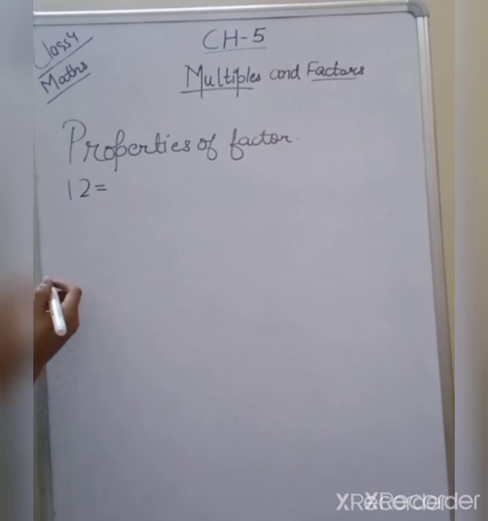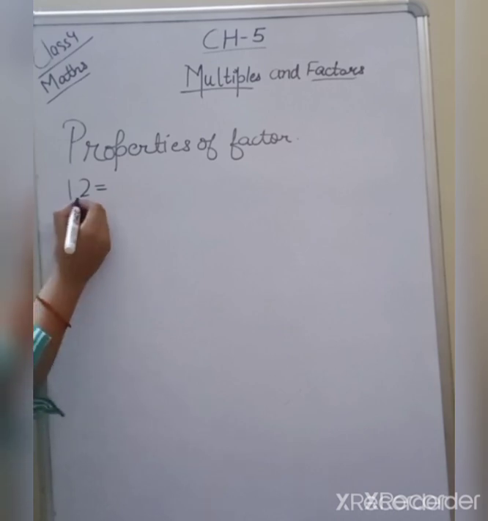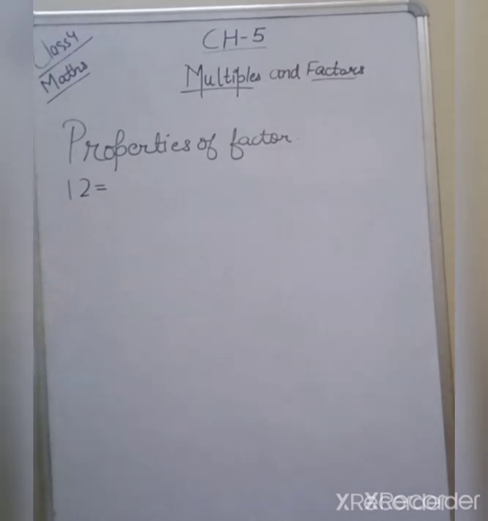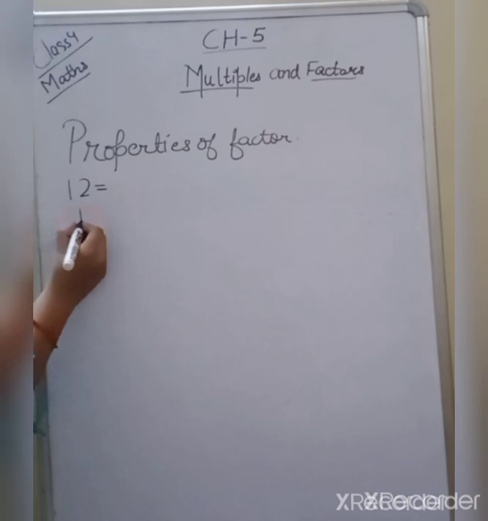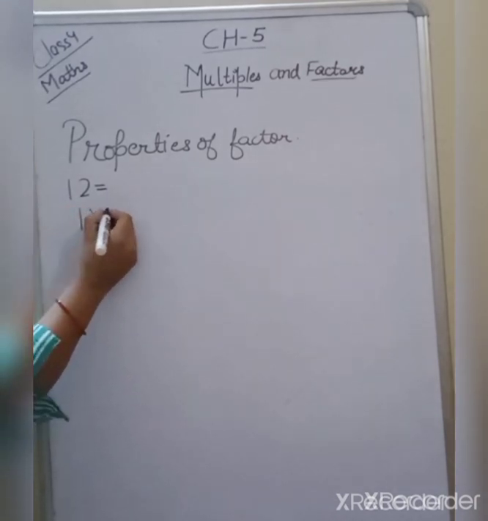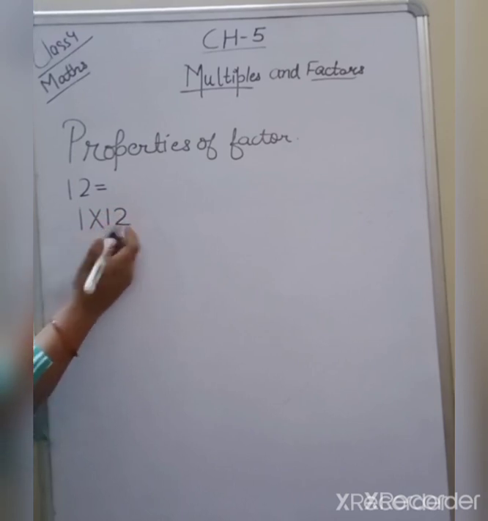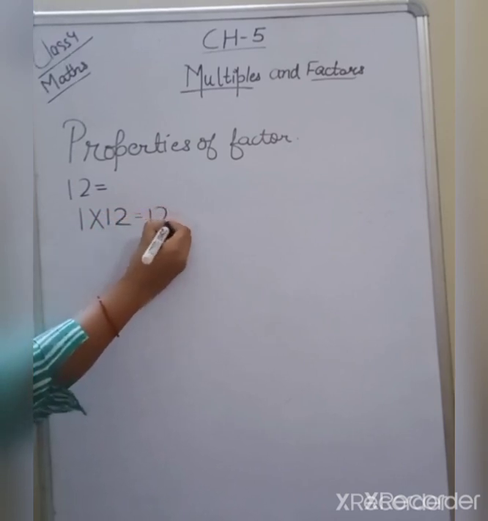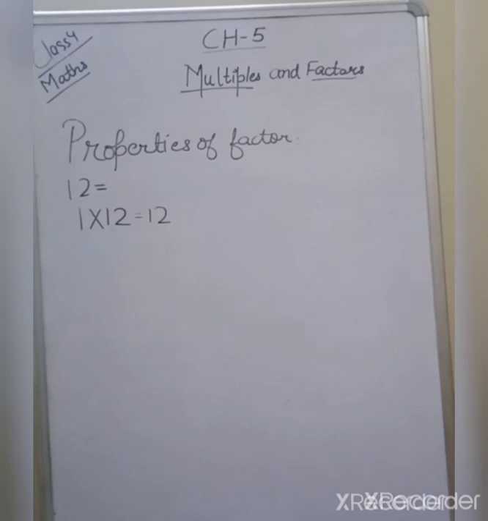How to find out the factors of 12? Firstly, you have to see in which table 12 is coming. If you see the 1 table, yes. 12 times 1 is equal to 12. So 12 is coming in the 1 table.